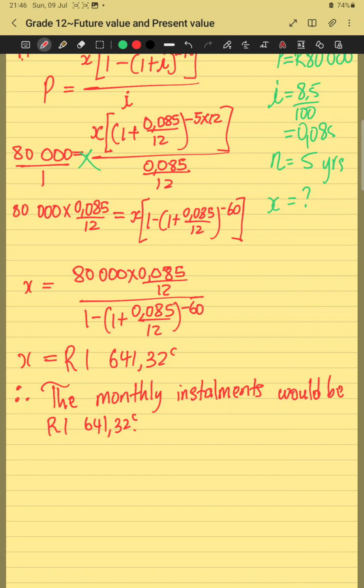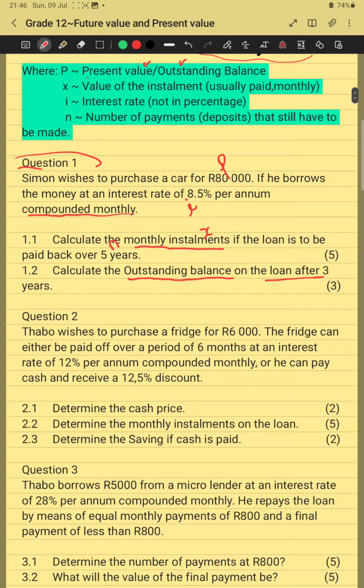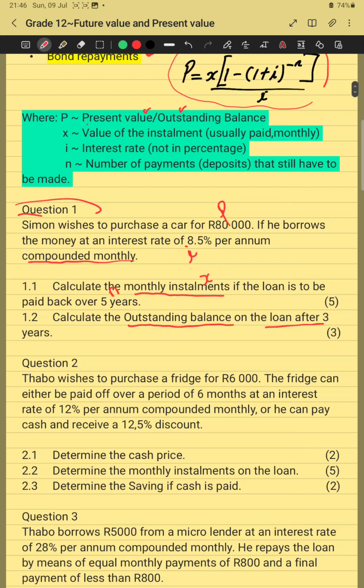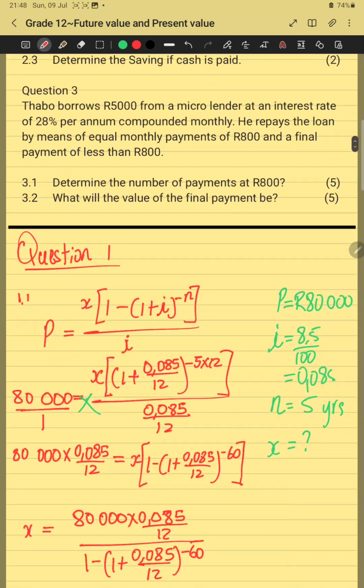The other thing we need to take note of is that in the second question we want to know the outstanding balance after 3 years, but in the first question we wanted to check the monthly installment over the 5-year period. So we're going to use the same formula.